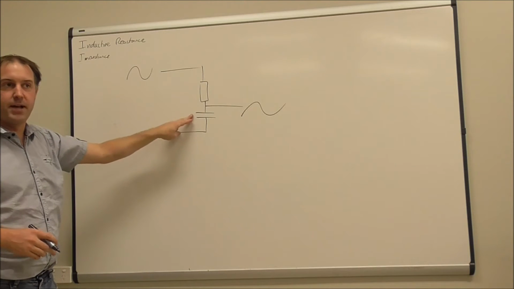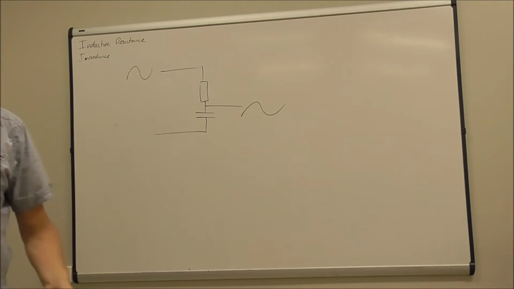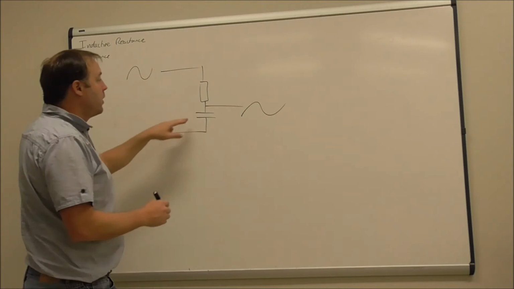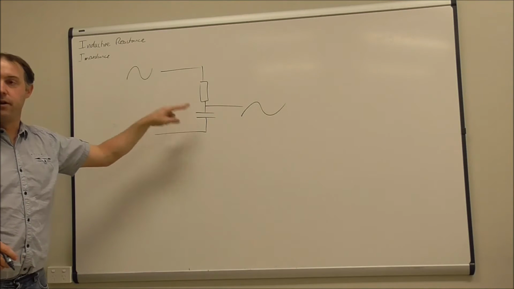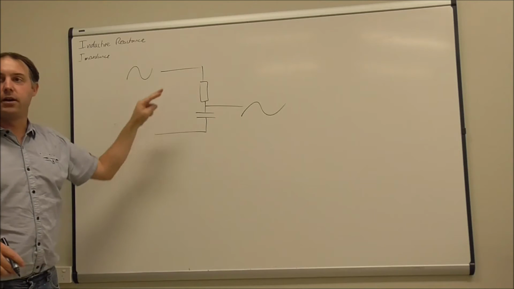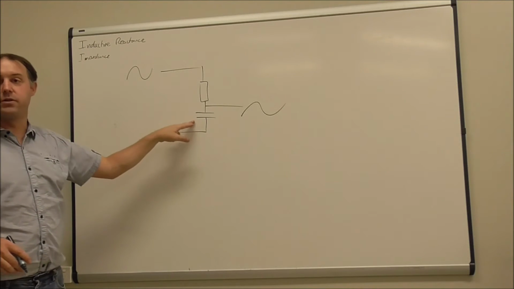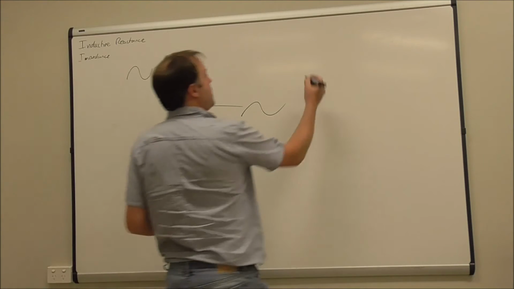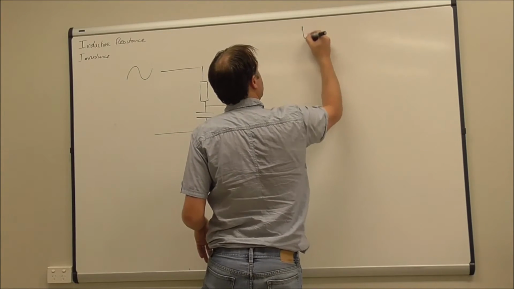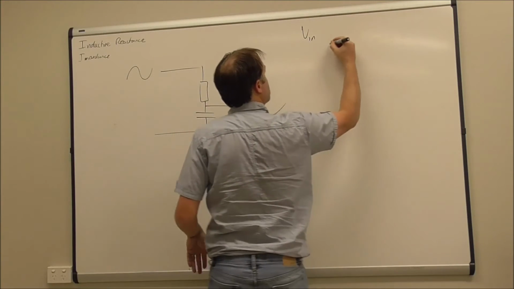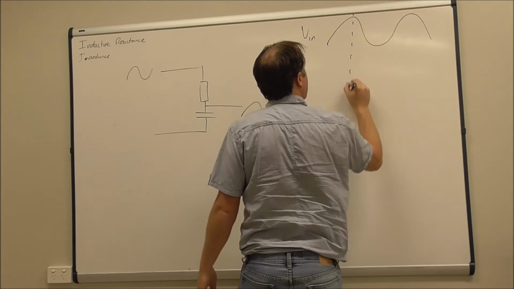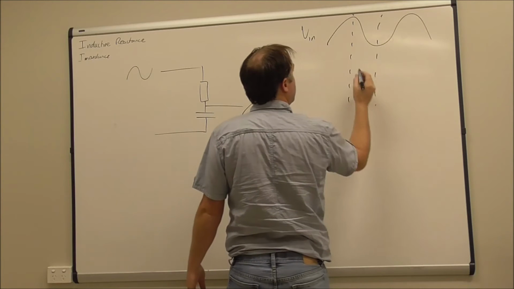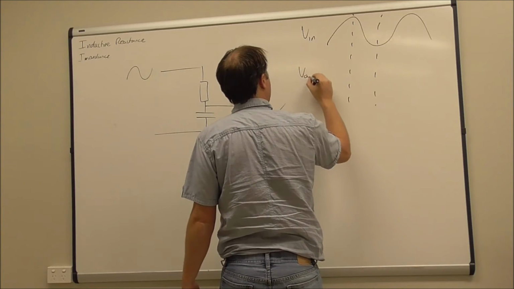But we also see a phase delay because the current flowing through here is what changes the voltage on that capacitor, and the change in the current here is how quickly that changes the voltage across the capacitor. And so what we see is, for a V in, we see that, and the output voltage.